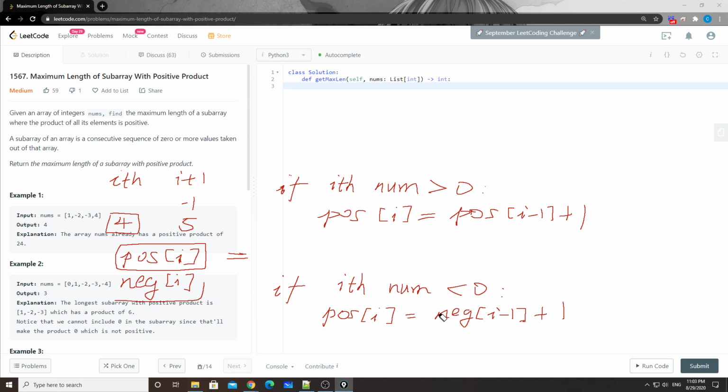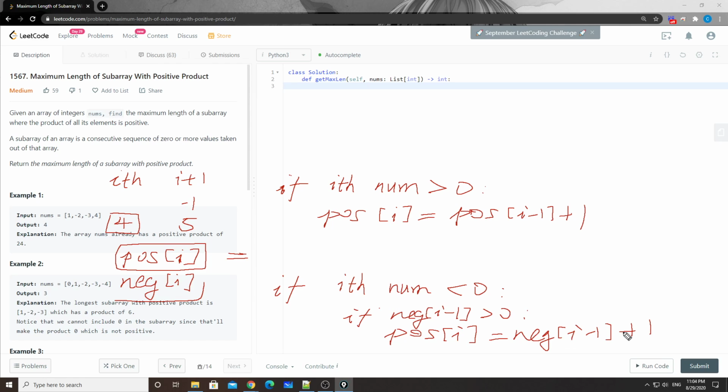Basically, if negative I minus 1 is greater than 0, then we can set positive I equals to negative I minus 1 plus 1.